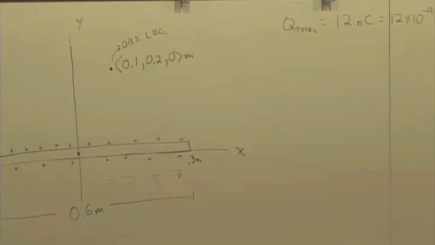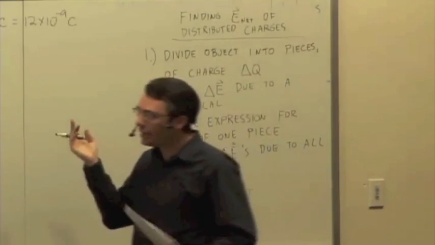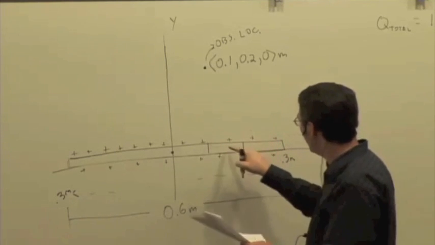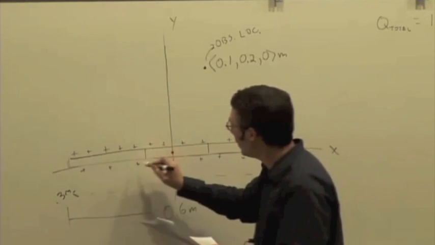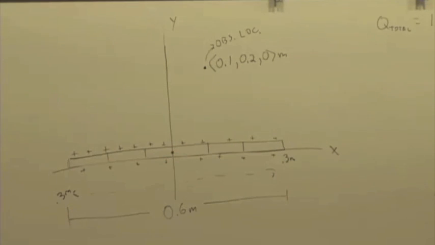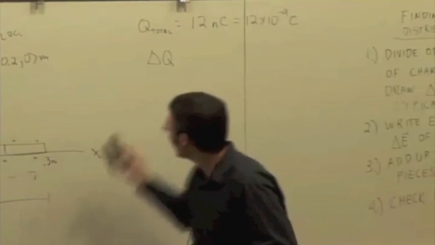So step one is divide it into pieces. And so we have to choose how many pieces we want. Let's say we want to divide it up into 6 pieces. So here is 1 piece, 2, 3, and then another 1, 2, and 3 there. Each piece, so we'll say capital N will be the number of pieces we have.